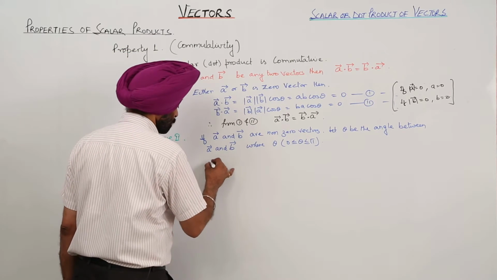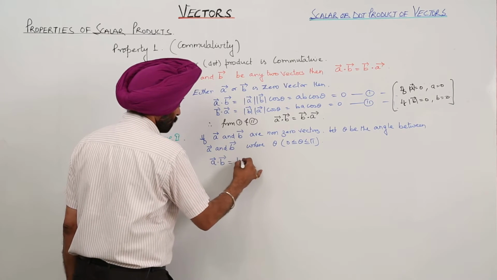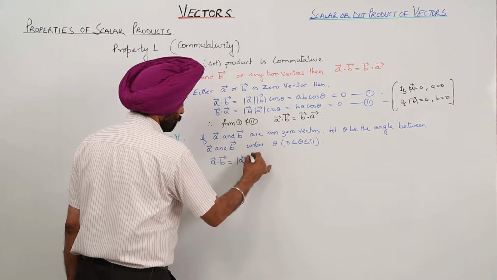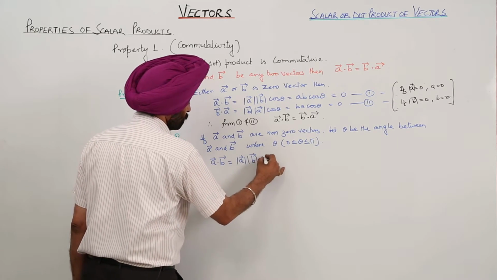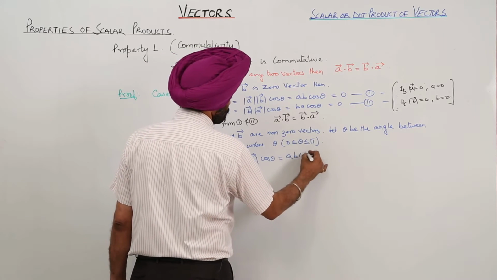Now vector A dot vector B, magnitude of A, magnitude of B with cos theta, this is equal to AB cos theta.